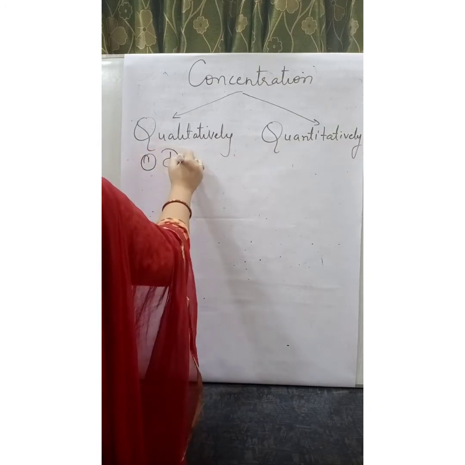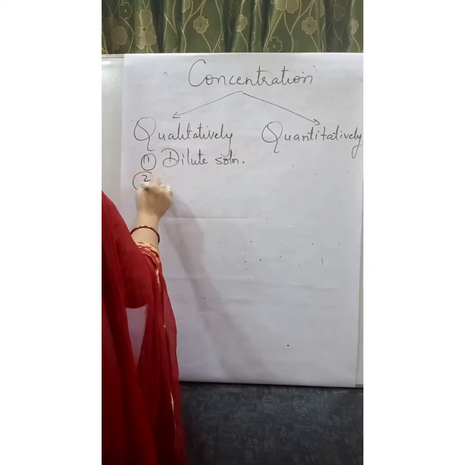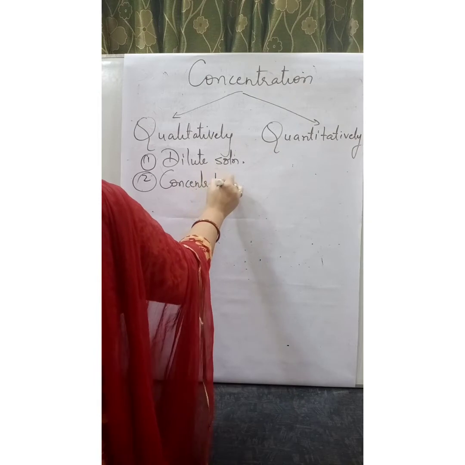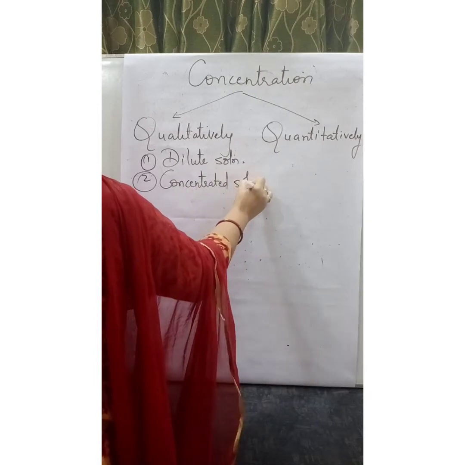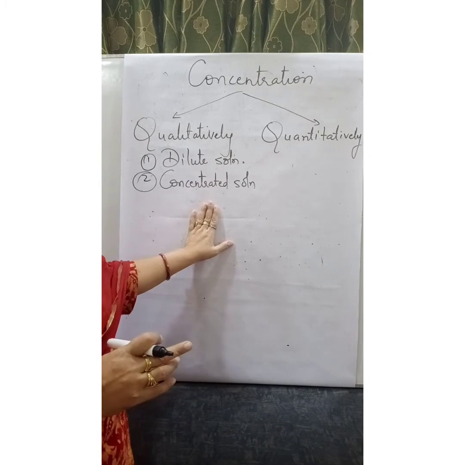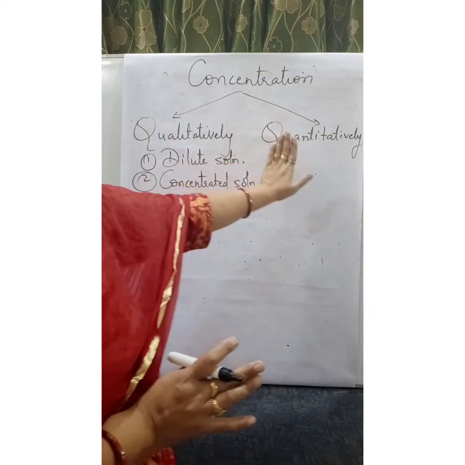One is dilute solution and the second one is concentrated solution. Dilute solution means less amount of solute is present in the solution. Concentrated solution means more amount of solute is present in the solution.